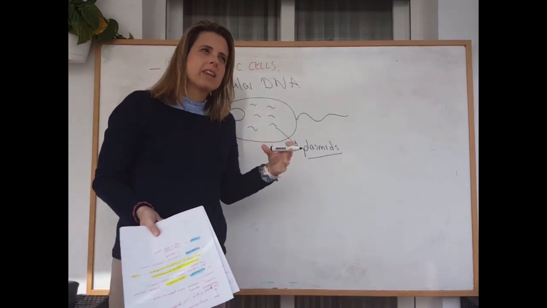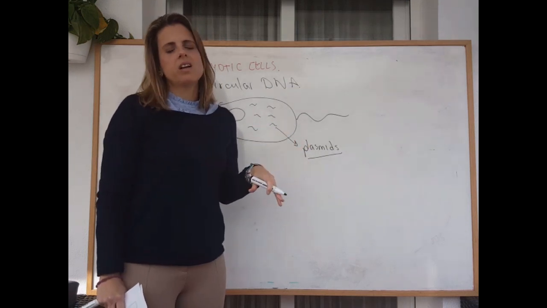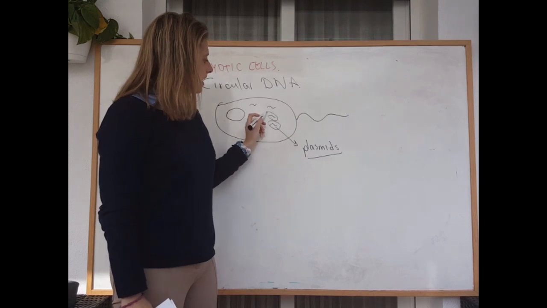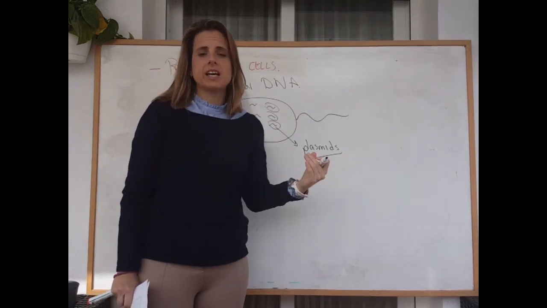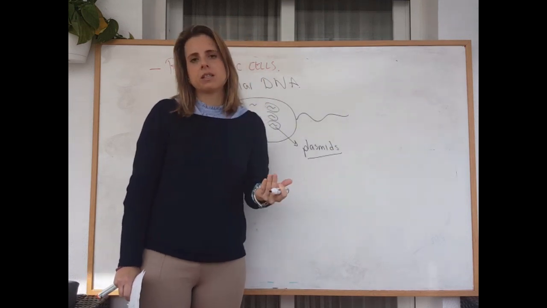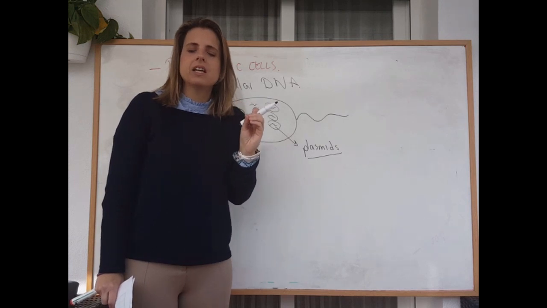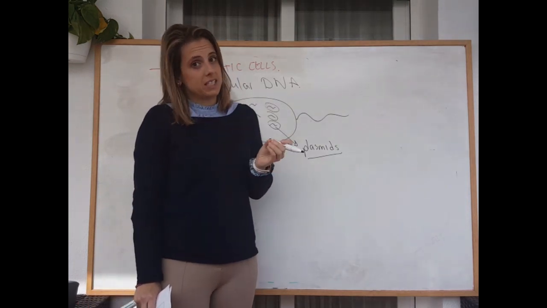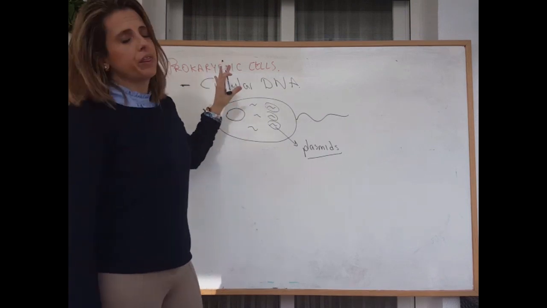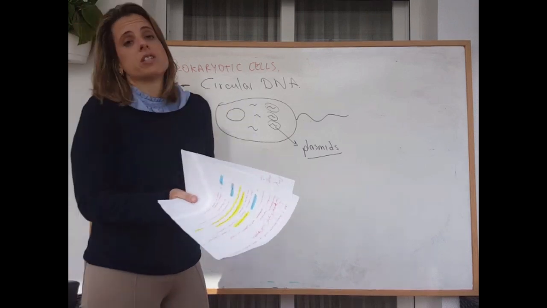Why? Because it's the way that bacteria can do a pseudosexual reproduction, because they can exchange these little parts of DNA with other bacteria. So there is an exchange of genetic material, so they can have a little bit more genetic variability.